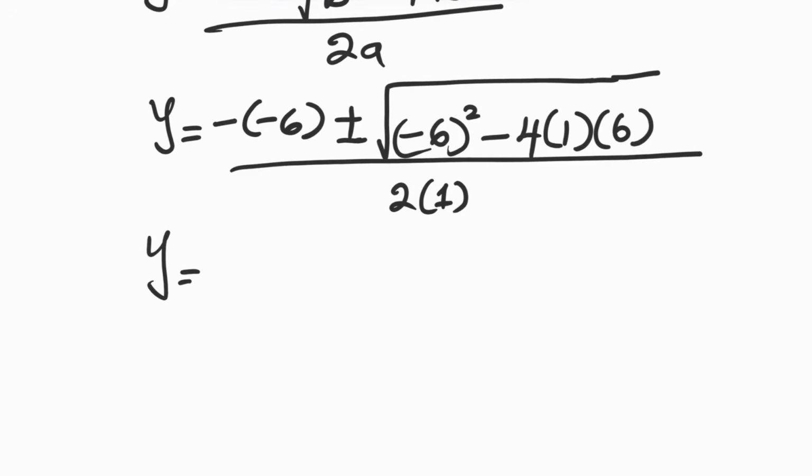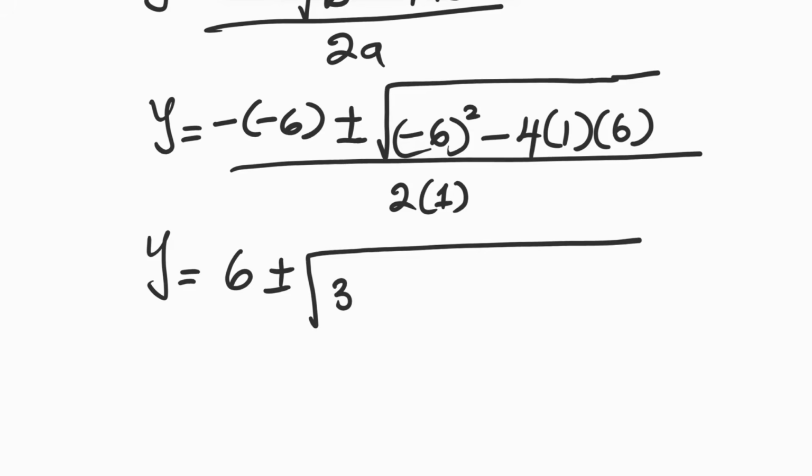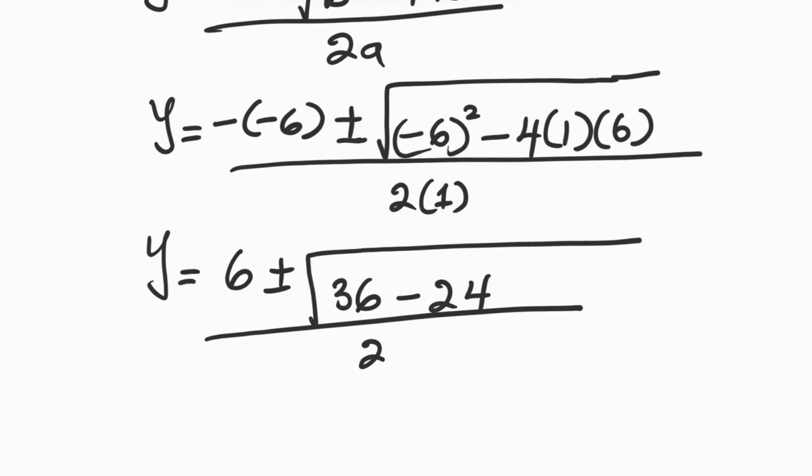So y is equal to minus times minus gives us plus, so we have positive 6 plus or minus the square root of minus 6 squared, which gives us 36, minus 6 times 4 times 1, which is 24, all divided by 2.